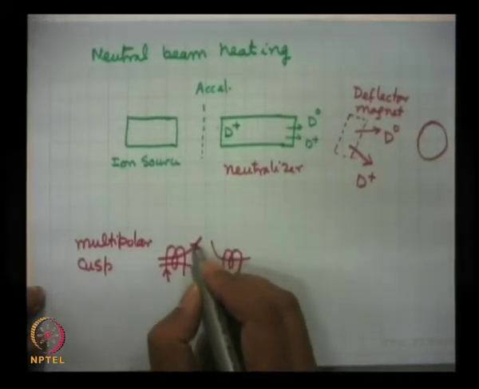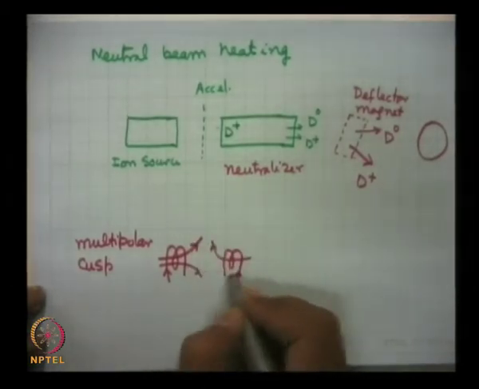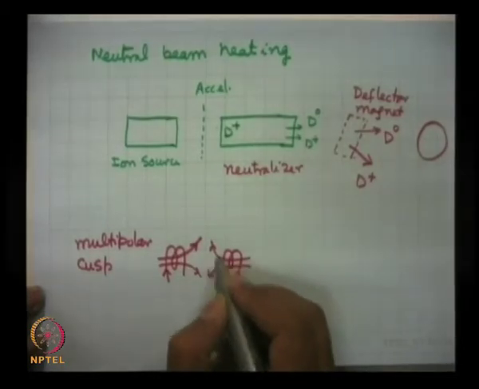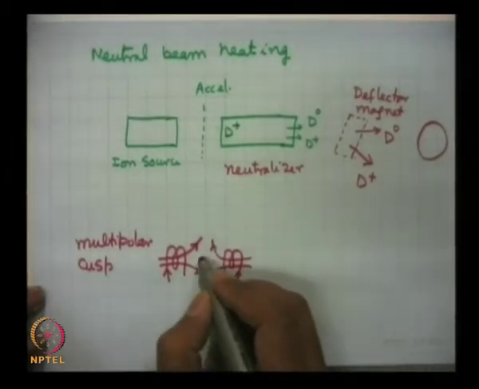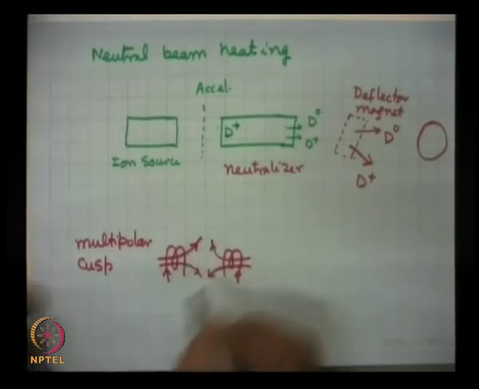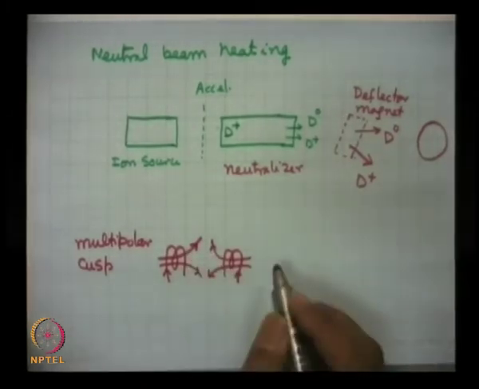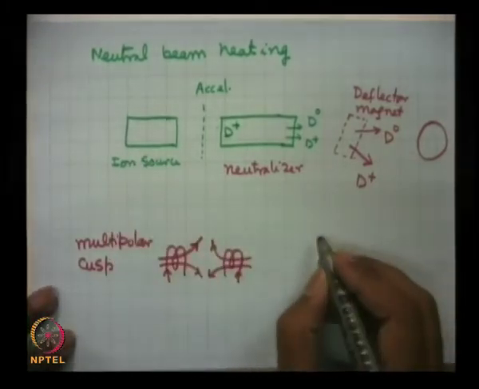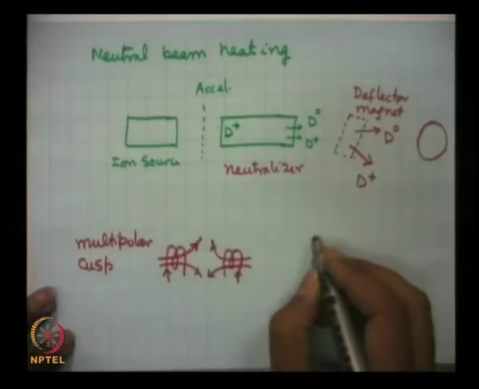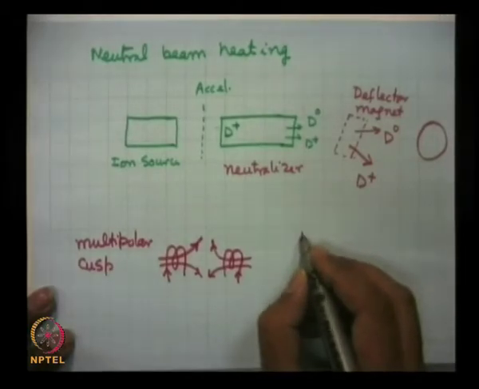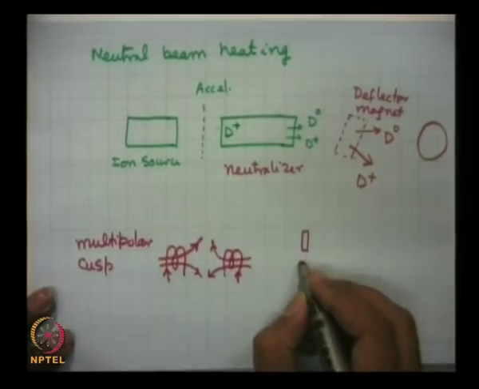So, the lines of force are like these. This is called a magnetic cusp. The magnetic field is quite small in this region, and large all around. So, this is called a simple magnetic cusp. And what kind of ion source do you have? You have a large number of permanent magnets with north and south poles opposite to each other.